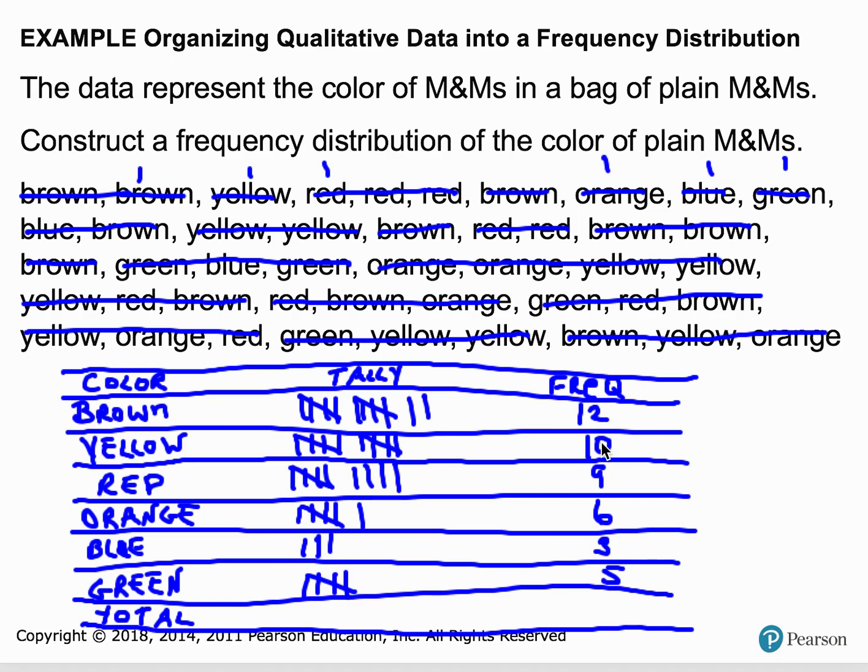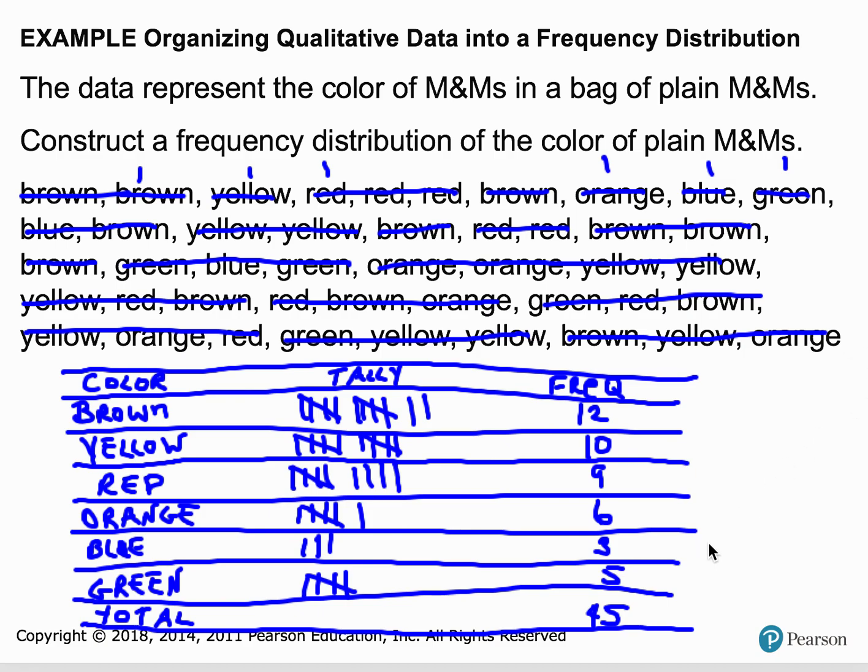So there's 22, 31, 37, 45, and make sure that matches how many instances you have. 1, 2, 3, up to 20, then 30, then 40, 1, 2, 3, 4, 5.